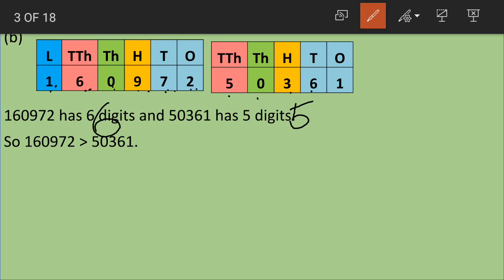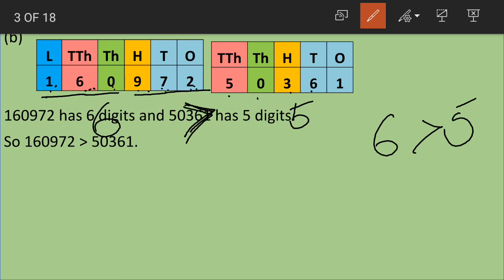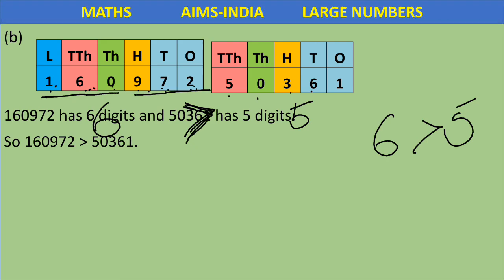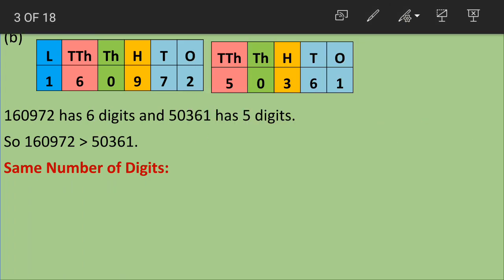Opening the mouth towards this side, 1,60,972 becomes the greater number because it has greater number of digits. 6 is greater than 5, right? So the whole number 1,60,972 also becomes greater than 50,361.